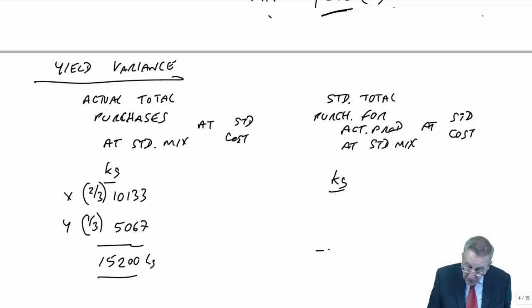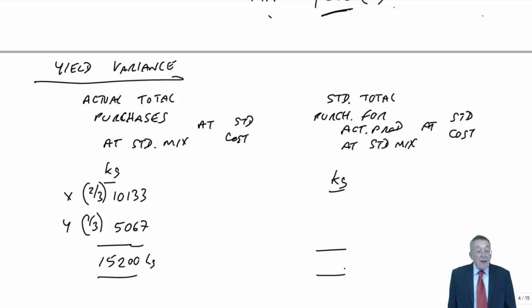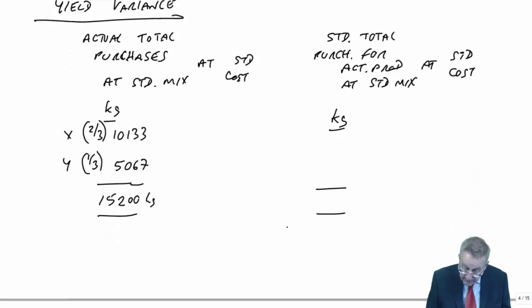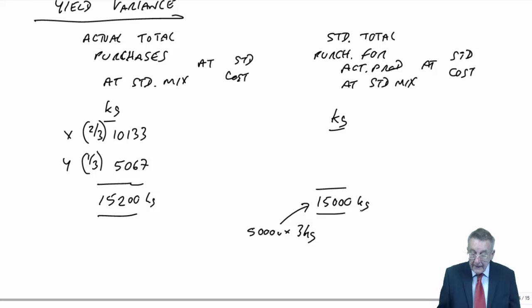How much should we have bought for our actual production? Look back at the cost card. For every unit we produce, we should be using 3 kilos in total. And so, for 5,000 units, in total, we should have used 15,000 kilos.